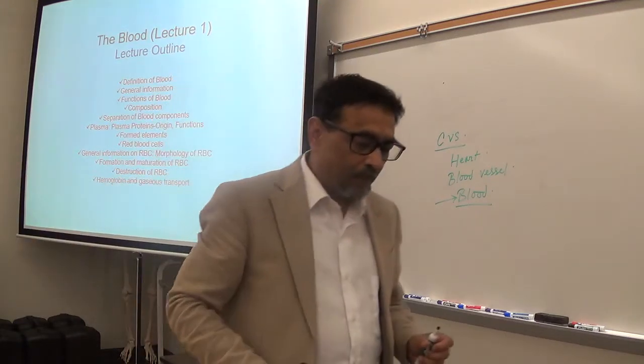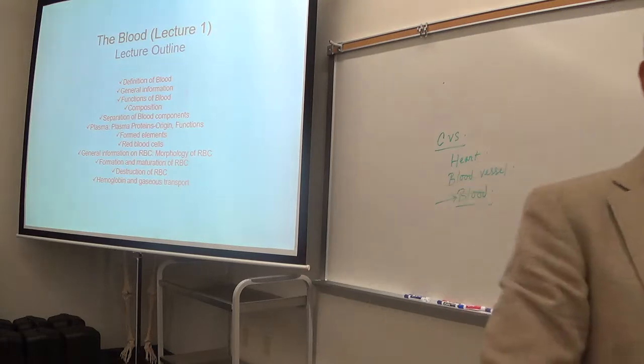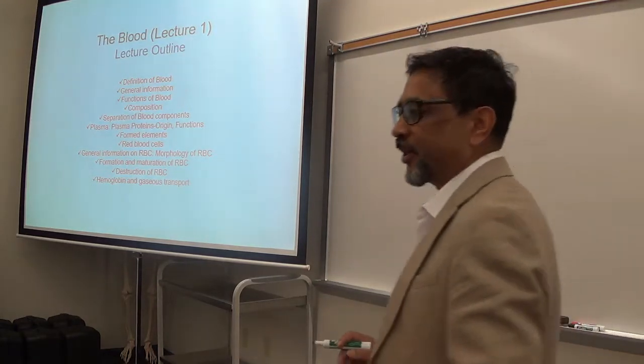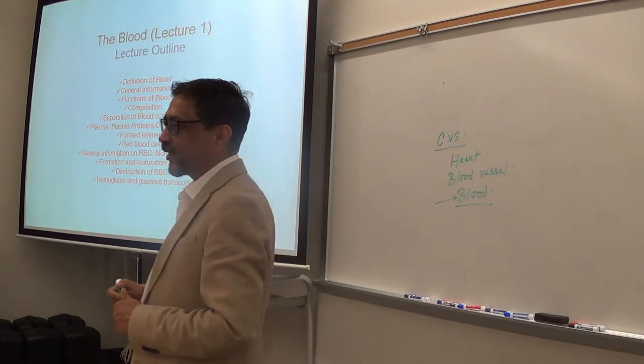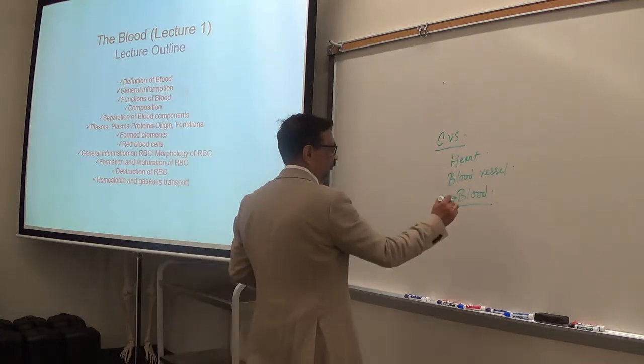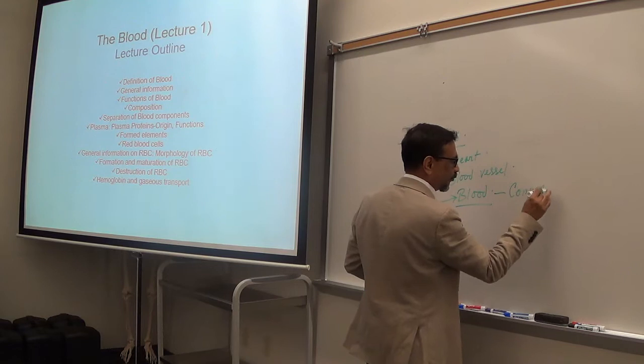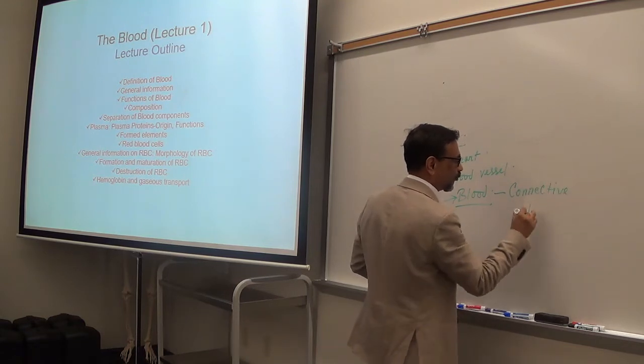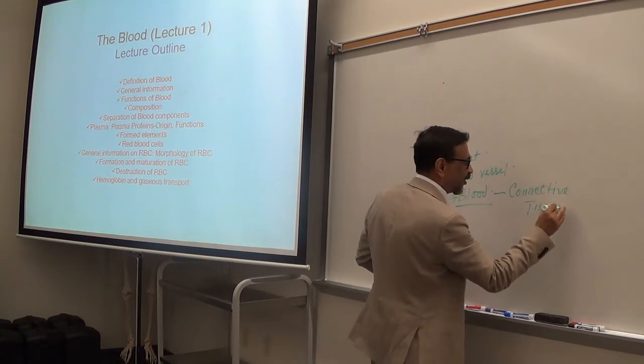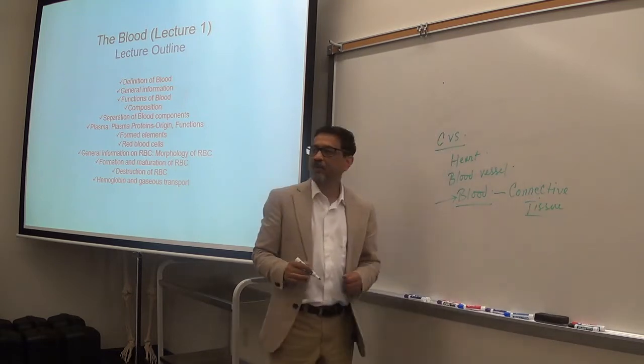And blood itself is a connective tissue. Okay? Blood is a connective tissue. Special type of connective tissue. Why?